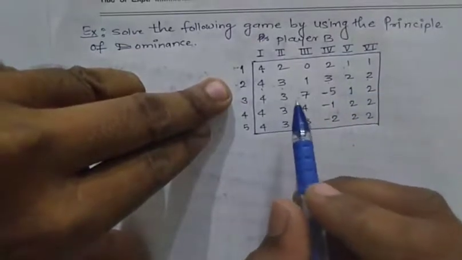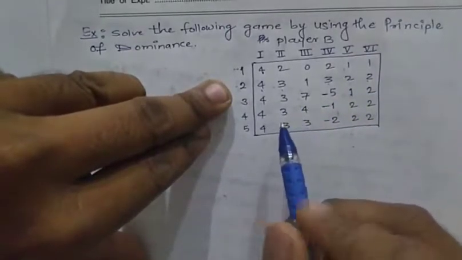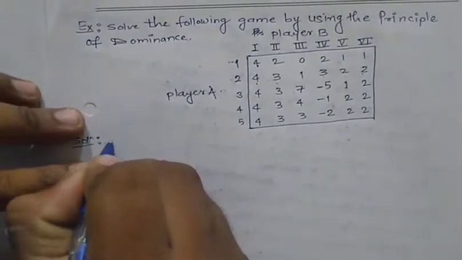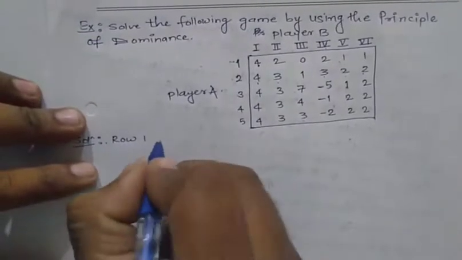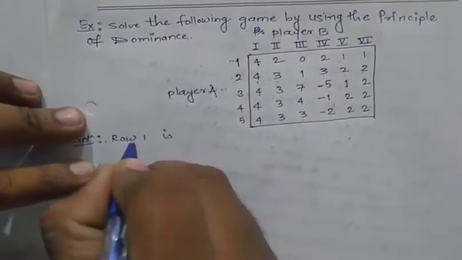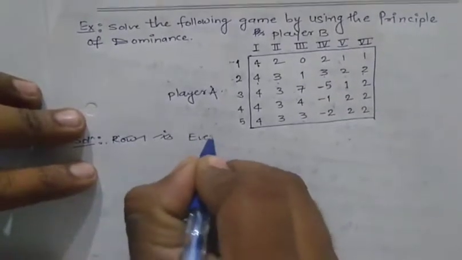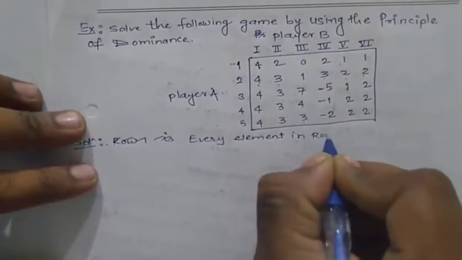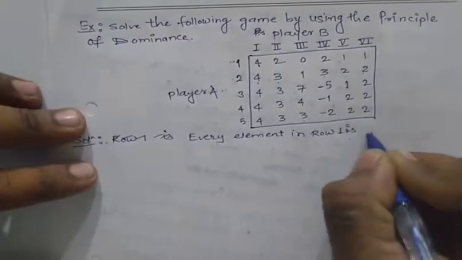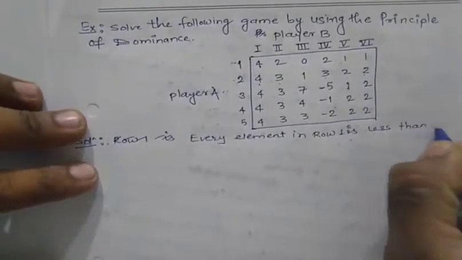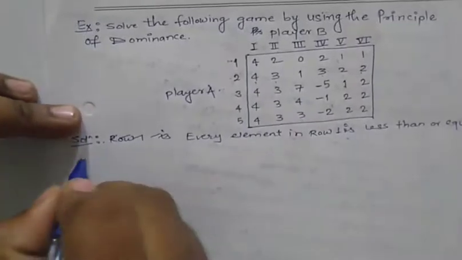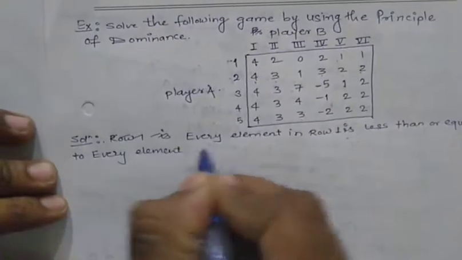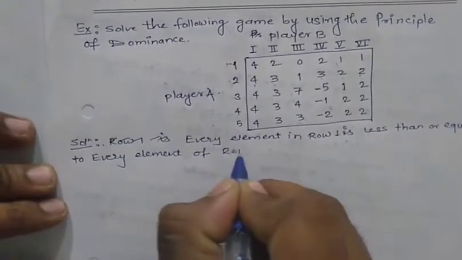Again, let's see which row is dominated. Here row 1 is dominated, so we say that every element in row 1 is less than or equal to every element of row 2.